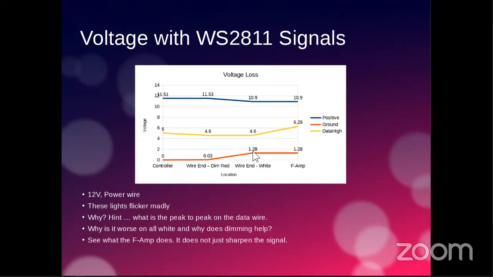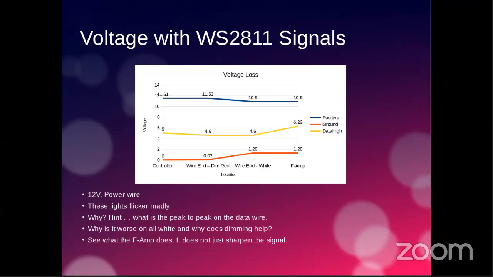And if it gets too close, and we're seeing it get too close between ground and data, then it has a hard time distinguishing. And what the F-amp is doing is getting the data back into the middle. It's not actually fixing your voltage loss. That's right. It's not doing anything to your voltage loss. It's restoring the data signal to a better signal, and it's slightly widening the signal back out again to compensate for those losses due to capacitance.